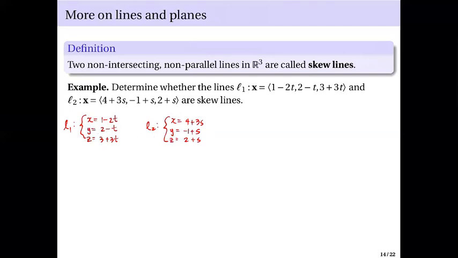Equivalently, if we were able to find some values of t and s so that the corresponding x, y, z for L1 and L2 are the same, then L1 and L2 are intersecting.